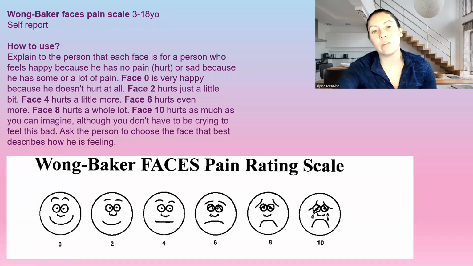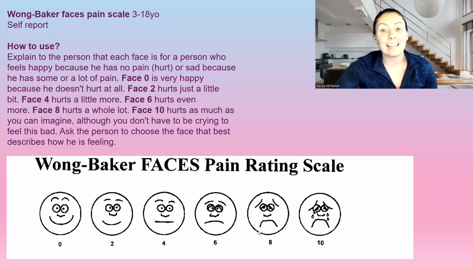Okay, so next we have the Wong-Baker faces. This is normally used from 3 years of age up to 18 years of age. And then you just explain to them that this is for pain, and happy means that they have really no pain at all. Now, 2, they would have a little bit of pain, but they're still okay. 4, a little bit more. 6, a little bit more.